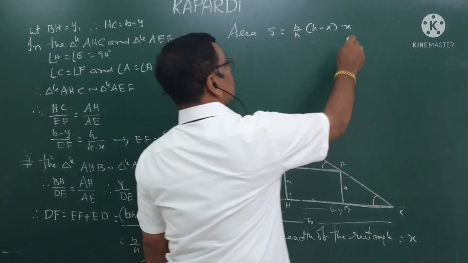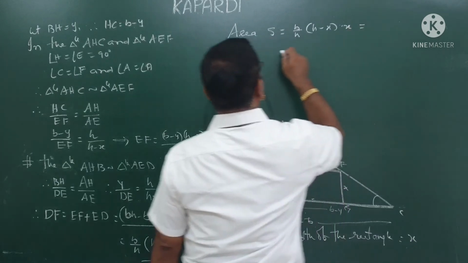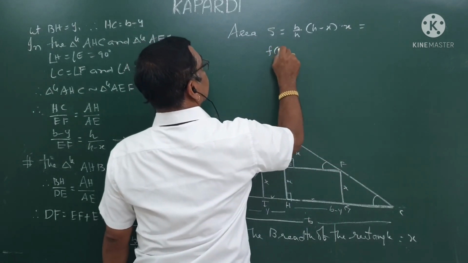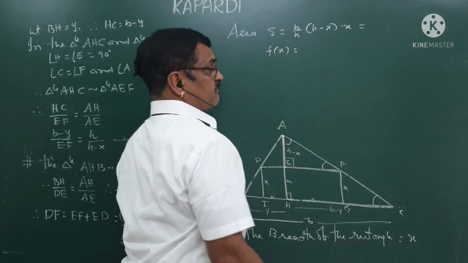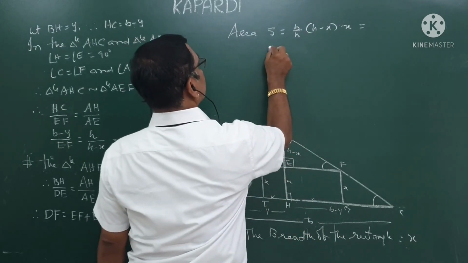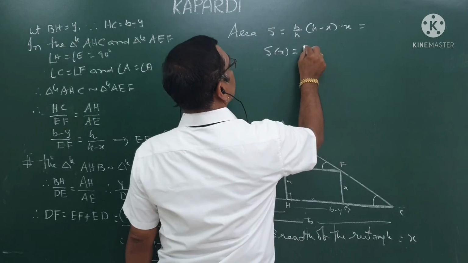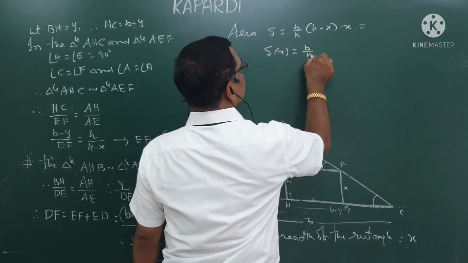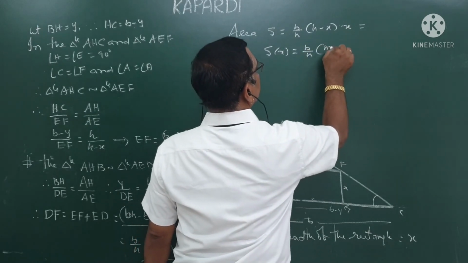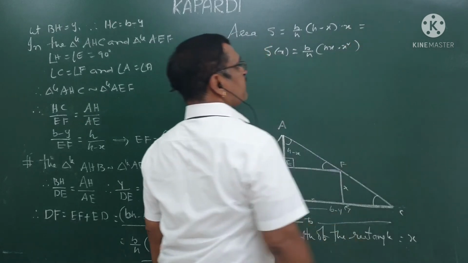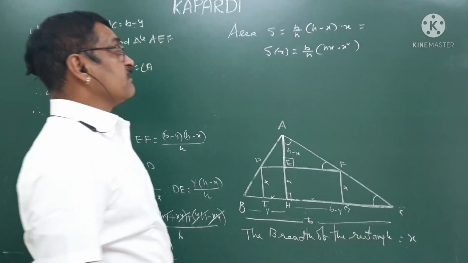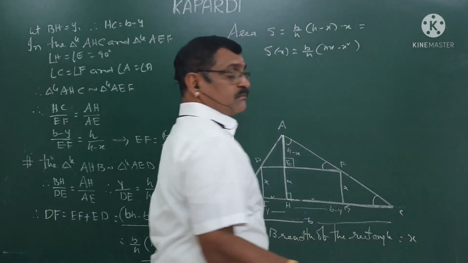Okay, that's how you are going to simplify. That's up to you. Therefore, S of x is equal to B by H times of Hx minus x square. Or if you want to take H inside, that is up to you.